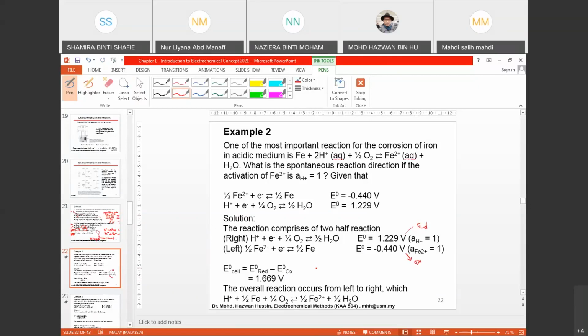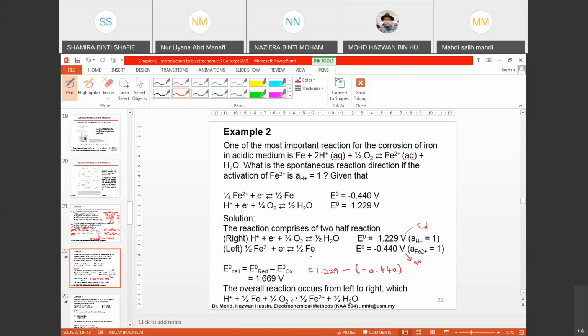So for E cell, you substitute 1.229 minus minus 0.440. Remember, as I told you, don't change the sign, even though this is in a reduced half equation.